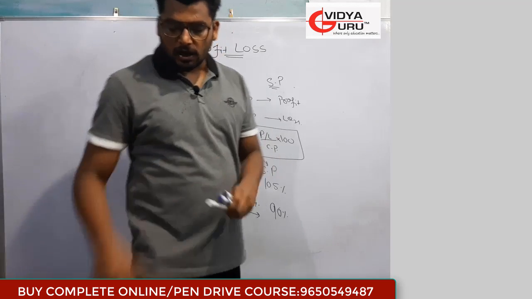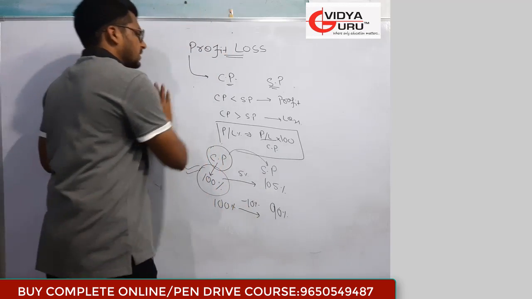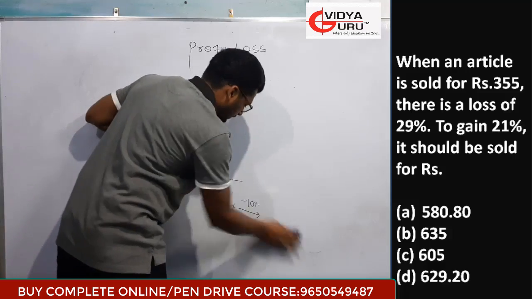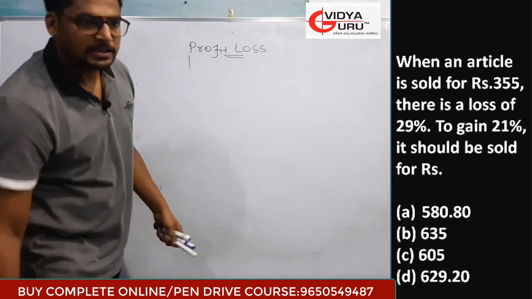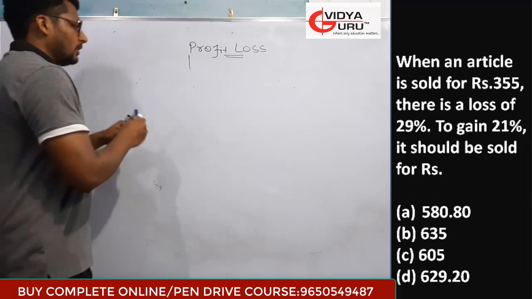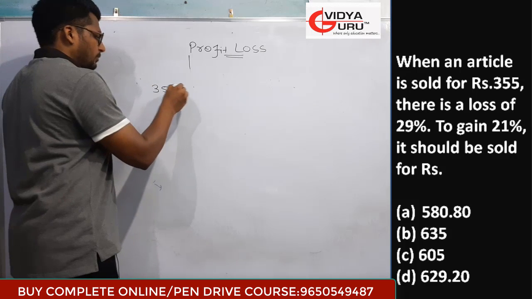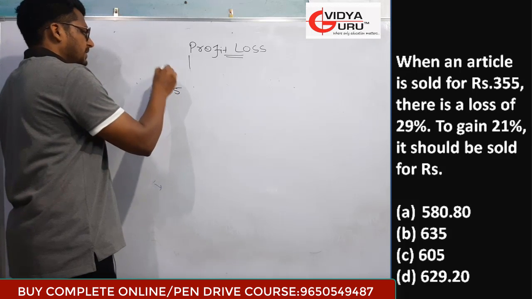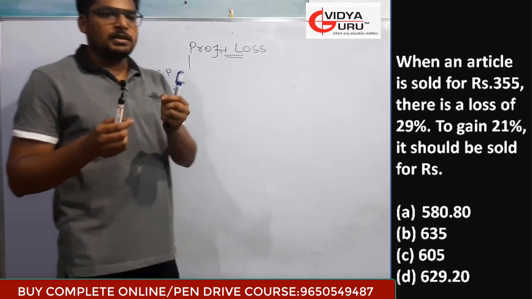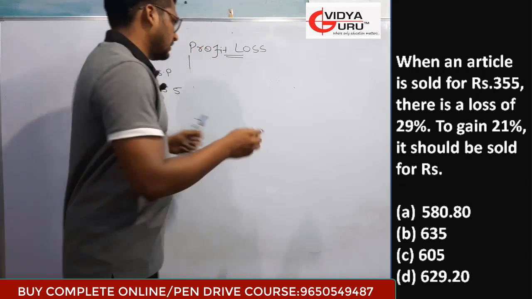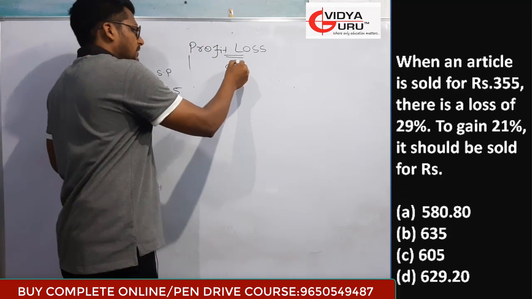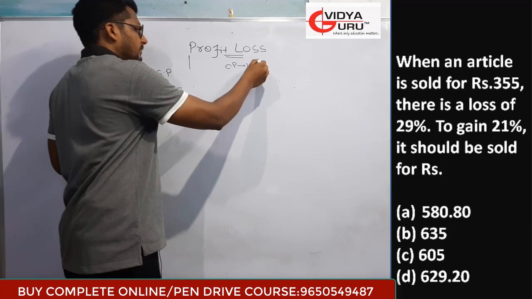So coming on to our first question. The first question is saying, when an article is sold for 355 rupees, that means SP is given as 355 rupees, there is a loss of 29%. That means CP is 100% in itself.